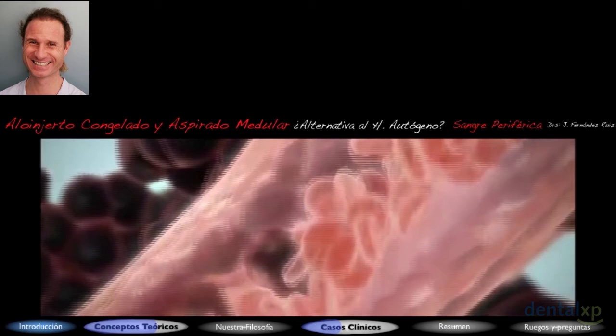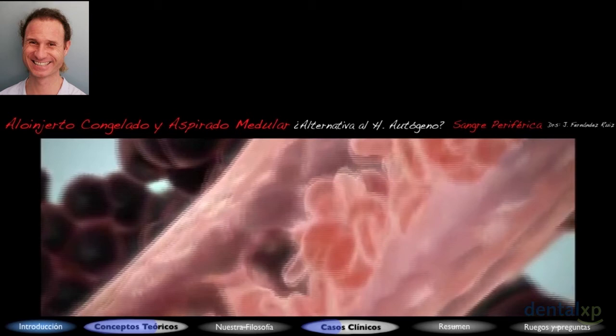Now, these cellular components could come from peripheral blood. But we know that in normal blood, the quantity of stem cells is very limited.